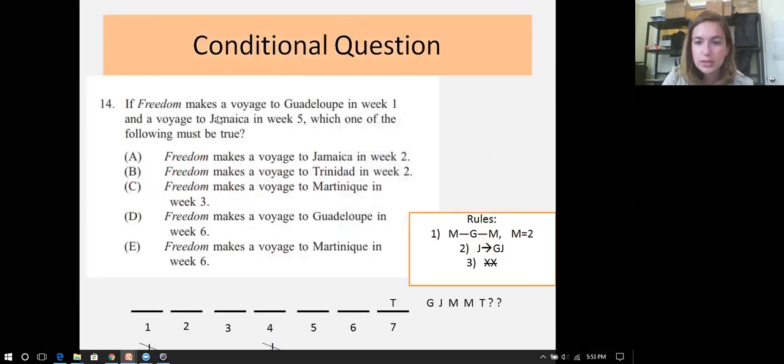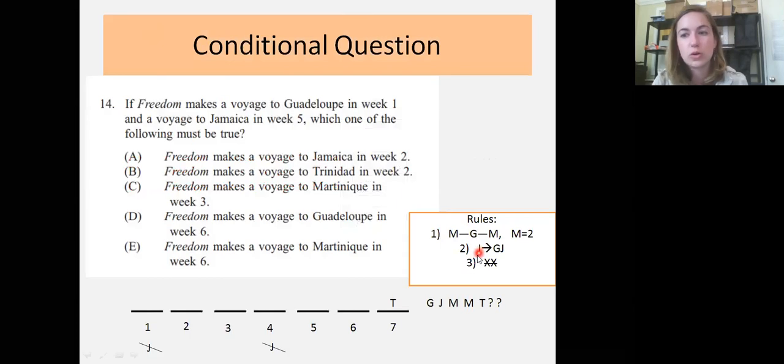So the GJ rule is a super weird one. It's triggered only by J. So the way that the rule is worded is if Jamaica has a voyage, then we have to have Guadalupe before it, but it doesn't work in the other direction. It doesn't say that if Guadalupe has a voyage, Jamaica has to come after it.